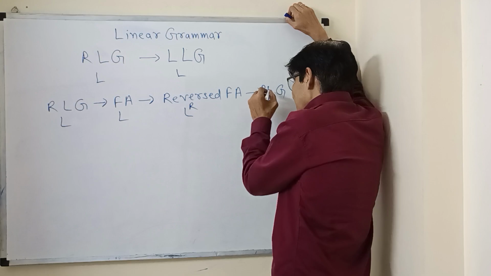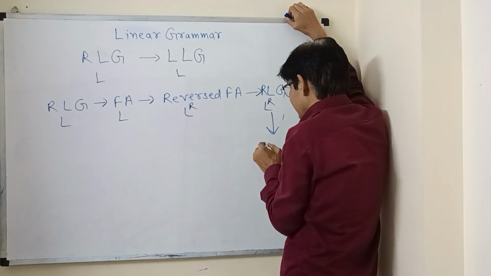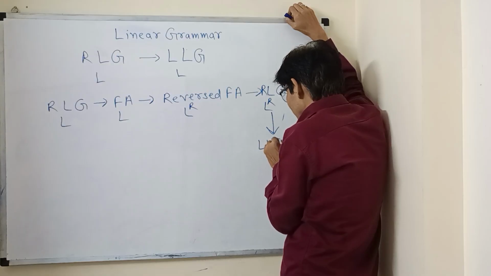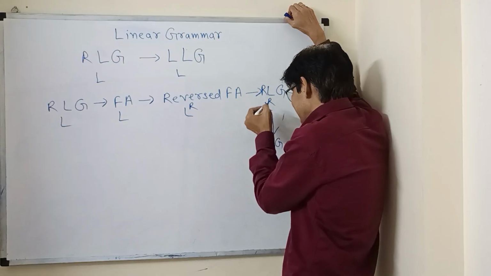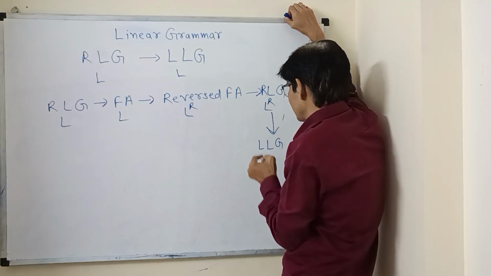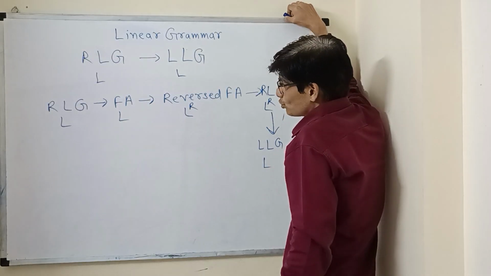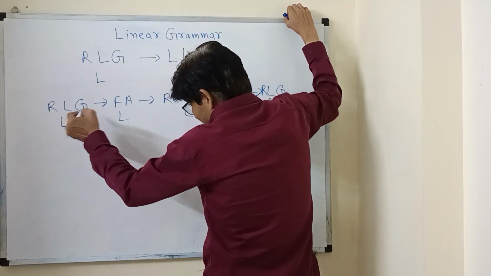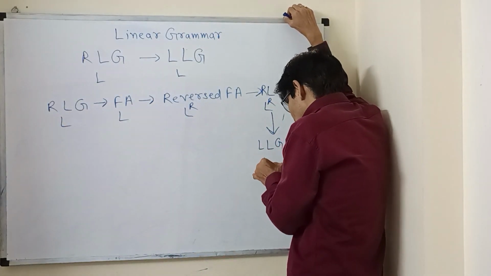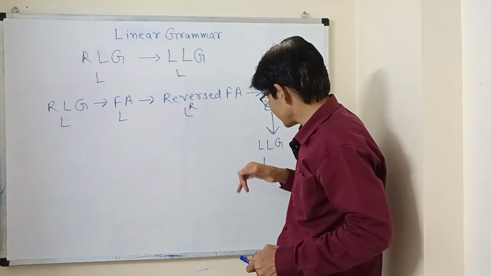And then by reversing the transitions of this particular RLG, you can convert it into an LLG. If the language of this RLG is the reversal of L, then the language of this LLG would be L. So you can see you have converted an RLG generating language L to an LLG also generating the same language L. I hope it is very clear.